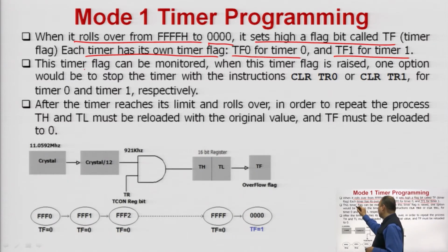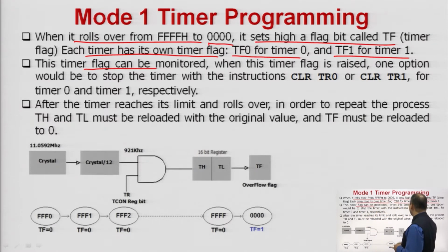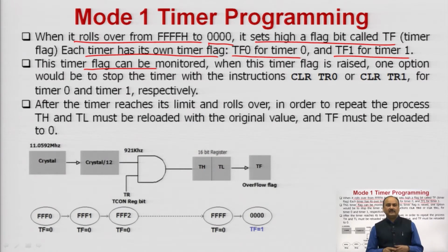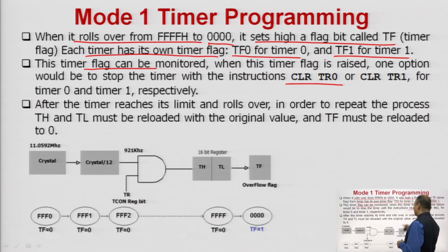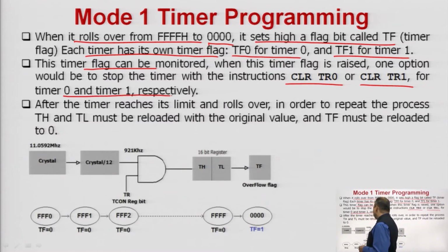This timer flag can be monitored. When the timer flag is raised, one option is to stop the timer with the help of the instruction CLR TR0 for timer 0 and CLR TR1 for timer 1, that is, clear. So with the help of this software instruction we can stop the timer.